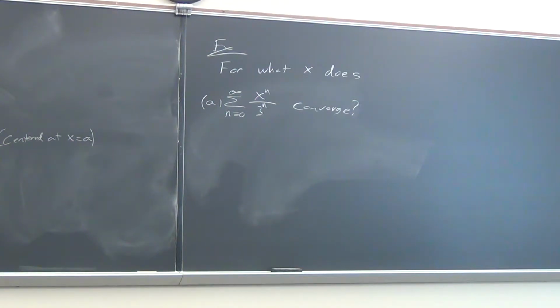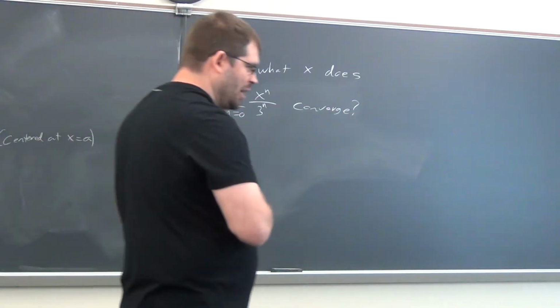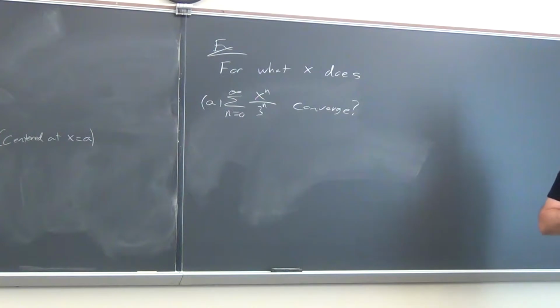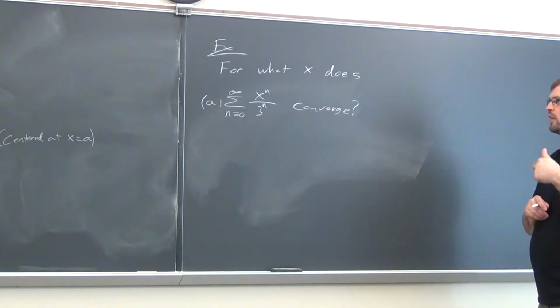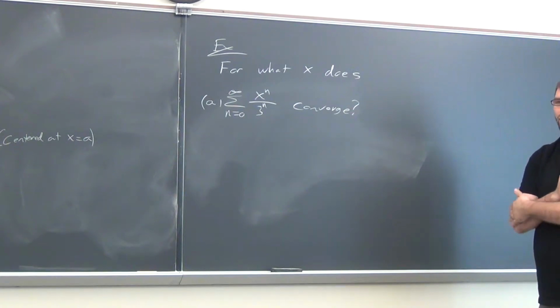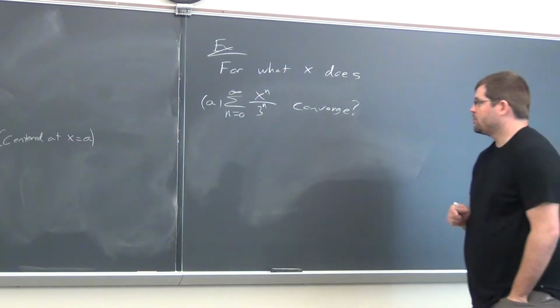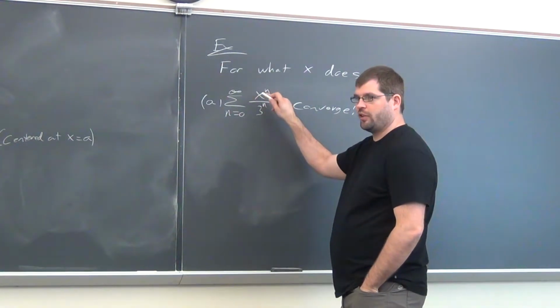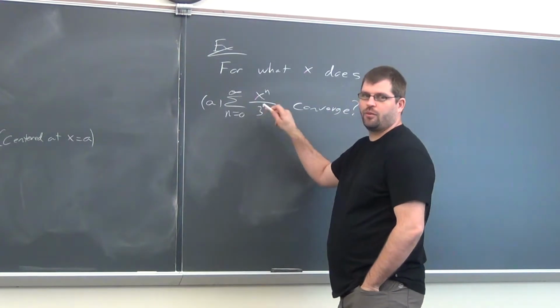Don't get too bogged down by the x. The x is just some variable, so you can plug in different x's, and we're asking for which x's, when you plug them in, do you get something that converges? The whole last several sections were devoted to figuring out when things converge or diverge. And this series has a bunch of exponentials: x to the n, 3 to the n.